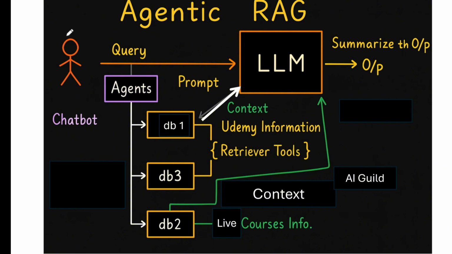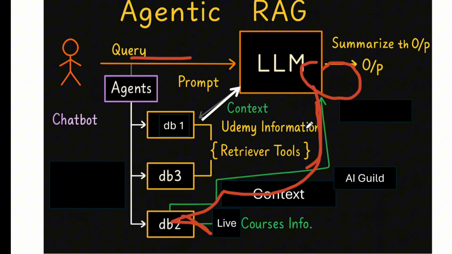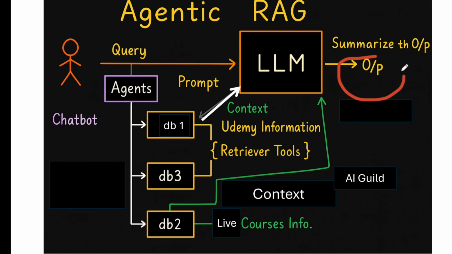So for an enterprise-level query that is a little bit specific to live courses, the LLM will understand that Muhammad is asking about live courses, so it is going to go to DB2 and understand all the relevant information, like the new AI Residency starting from June 21st. That information goes along with the query and the context. The LLM understands the question and gives us an output. So the LLM here summarizes the output.